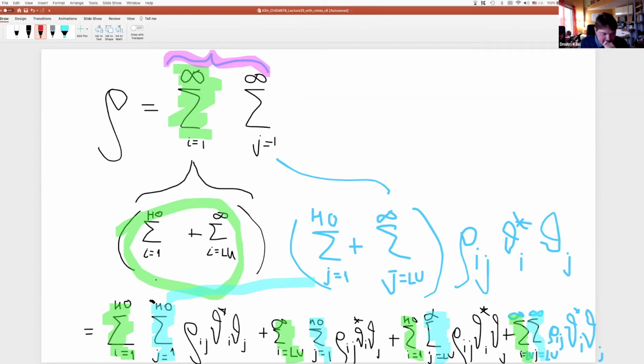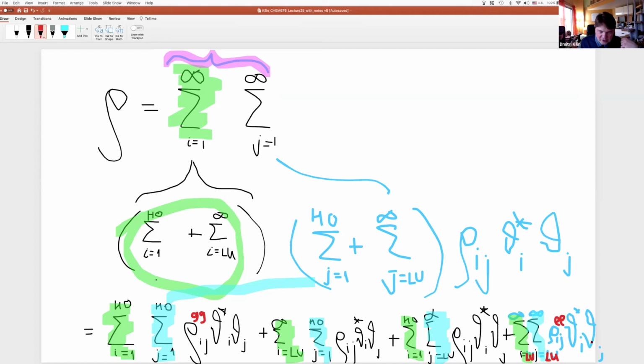I can tell that the part of the density that corresponds to indices I and J below HOMO will correspond to ground state only, right? Because HOMO and below correspond to ground state. The part where we start from LUMO and end at infinity will correspond to excited state completely, right?